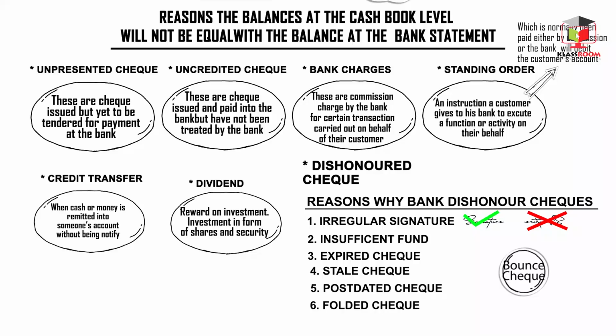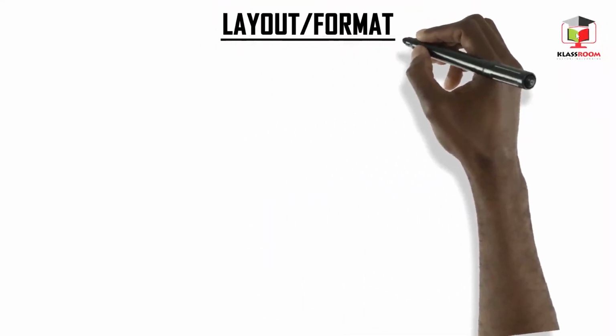Some banks actually do not accept their check being folded. If you fold the check, some banks will actually reject it. So if a check booklet is issued to you, you need to present such check to the bank in the same manner in which you were issued the check.